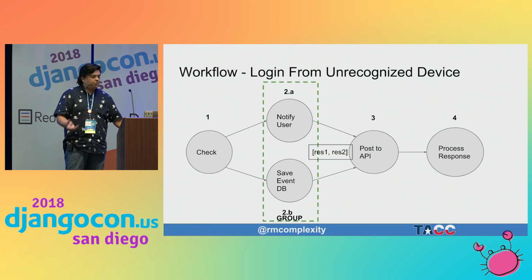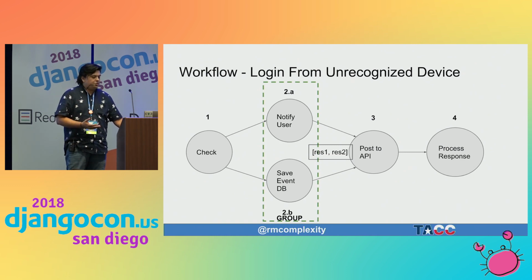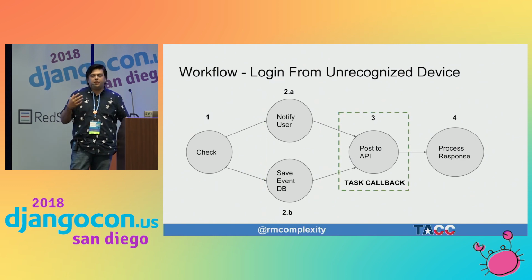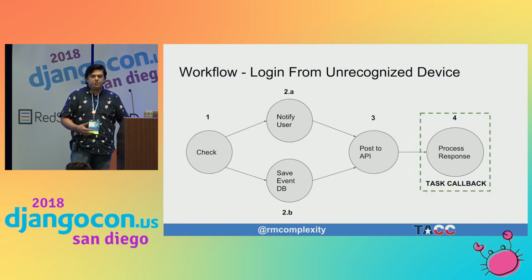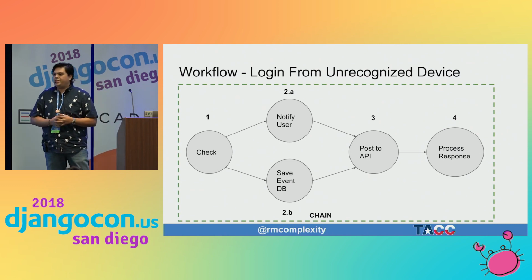Then this array of results is going to be sent to this other task, which is going to be our step 3. And this one, which is basically a callback, is going to post all of this data into this third-party API. Then this response is going to be fed into this last step, which is our last callback. And all of these, we have to put into a chain. That way, we can go from step to step.